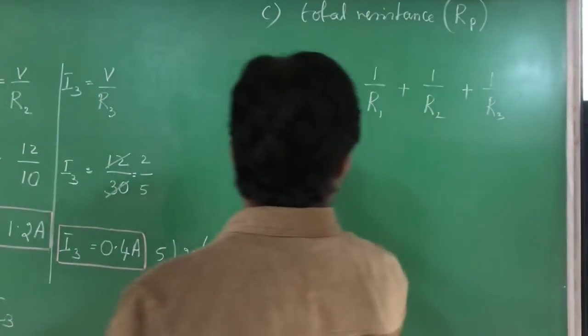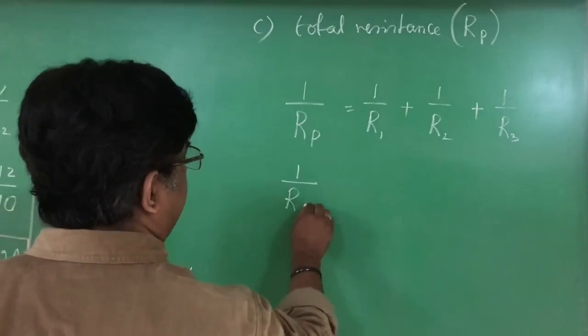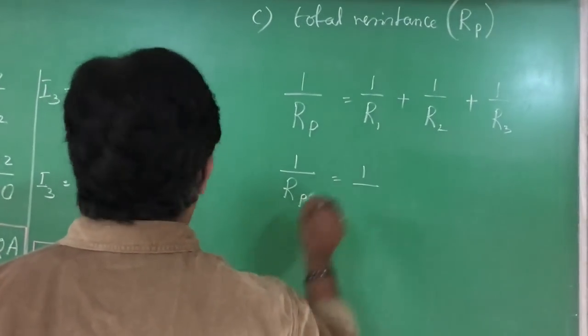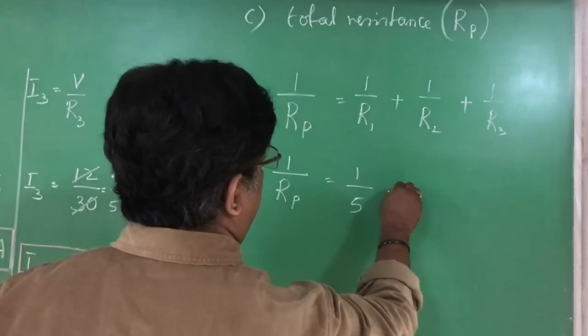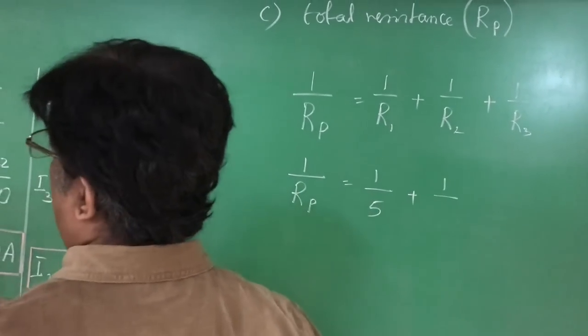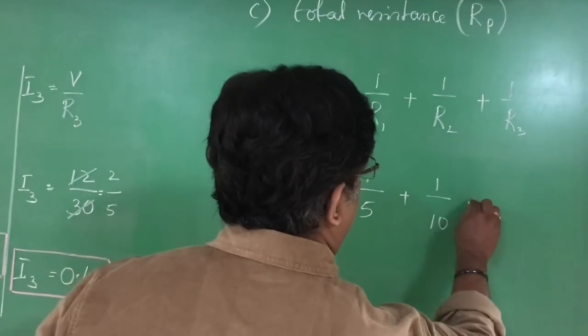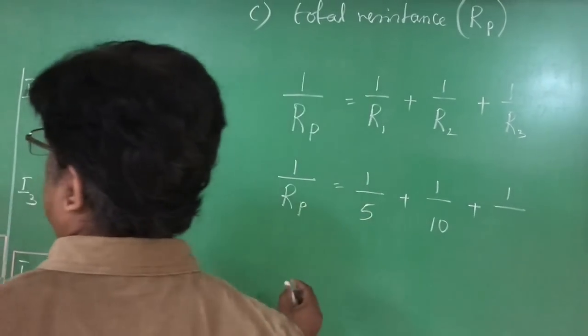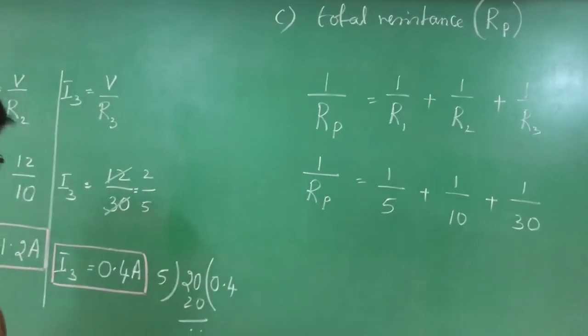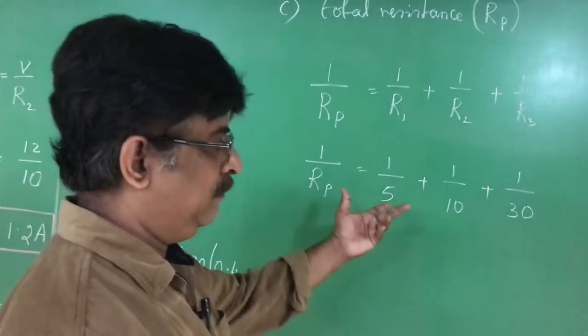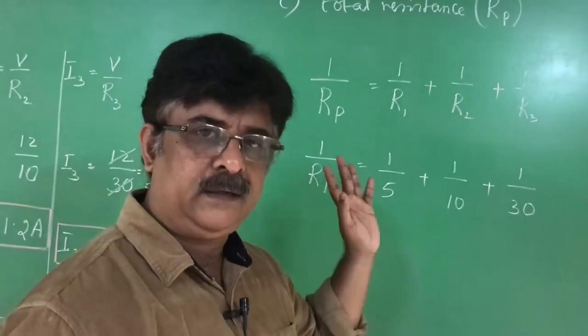Now, 1 by Rp, reciprocal of the total resistance, is equal to 1 by R1, R1 is 5, plus 1 by R2, R2 is 10, plus 1 by R3, R3 is 30. Now it is a problem of LCM. Take LCM and solve it.